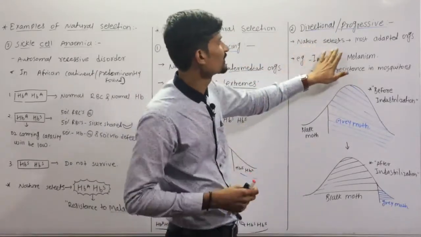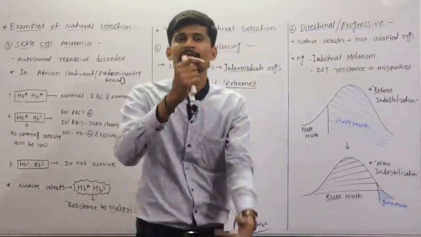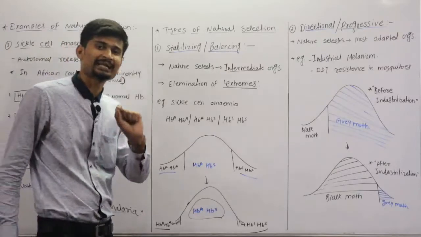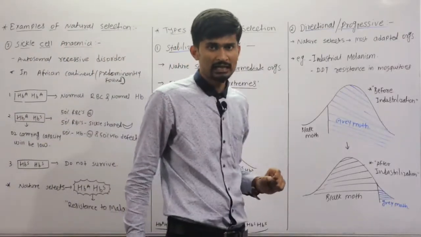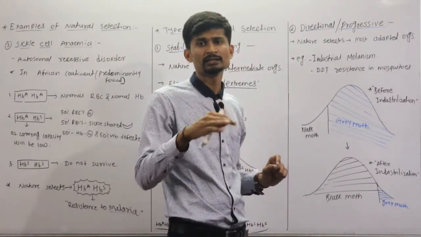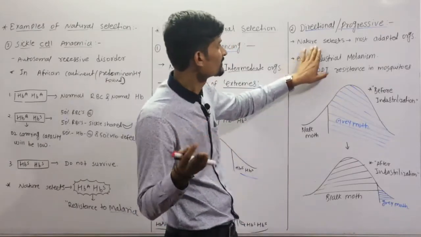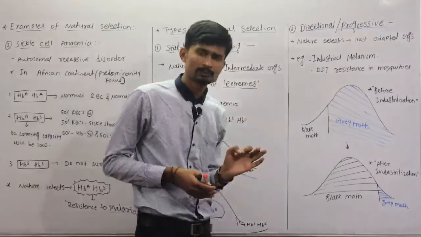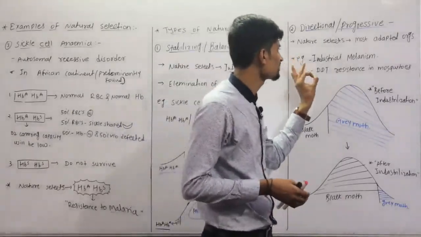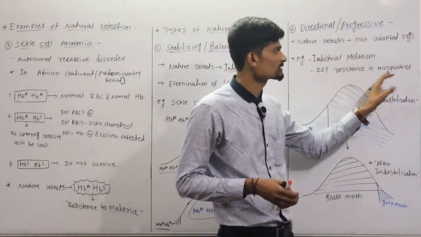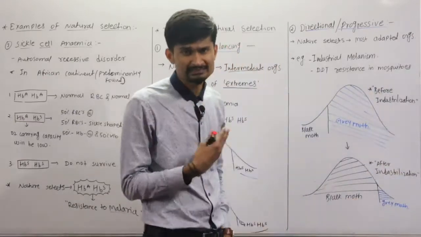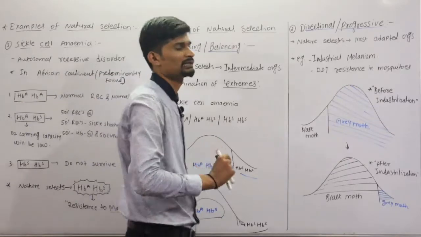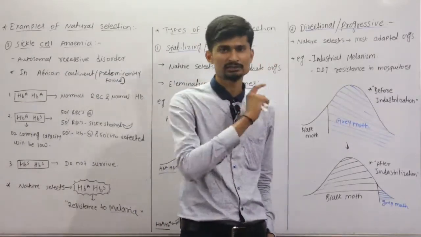Nature selects the most adapted organisms and eliminates the least adapted organisms. We will see the examples. Two examples, that is industrial melanism and DDT resistance in mosquitoes. We have seen both examples of natural selection.